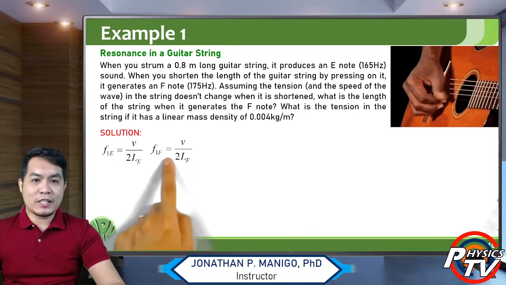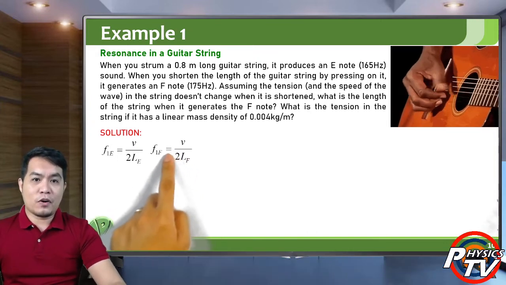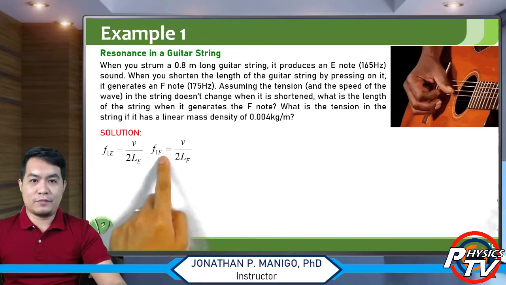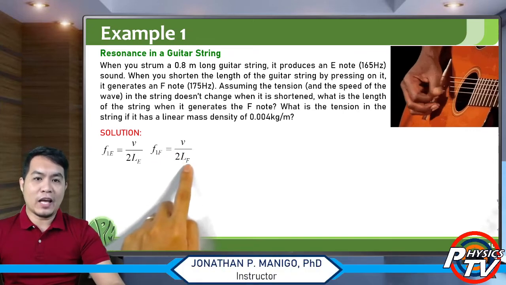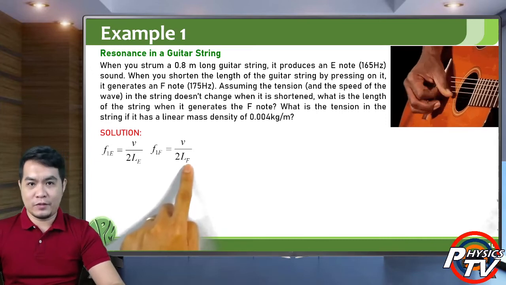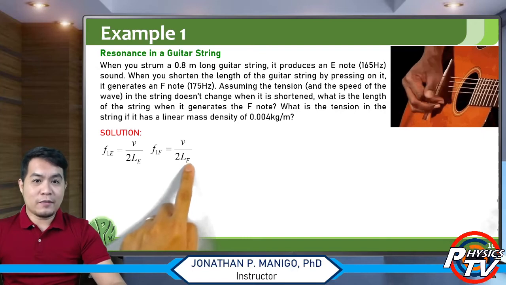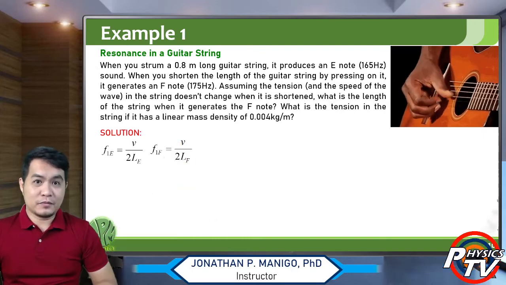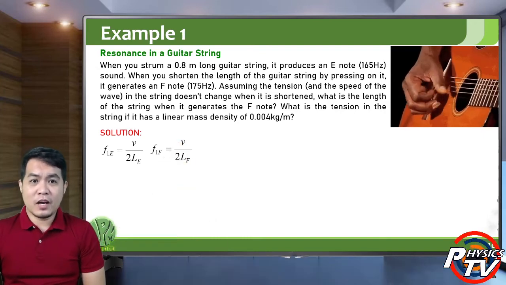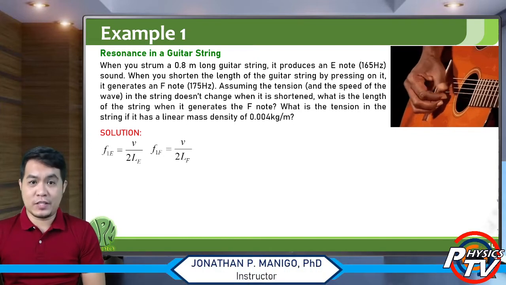And this is the fundamental frequency for the F note, f_F = v over 2L_F, where now L_F is the length of the string when it generates the F note. So there are two unknowns here, the length for the F note and v, the speed of the transverse waves on the string.